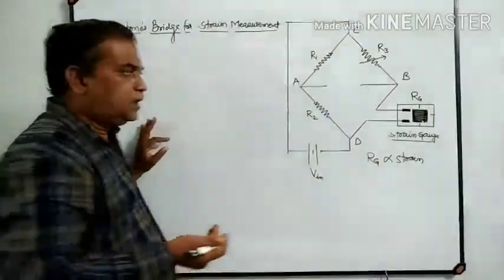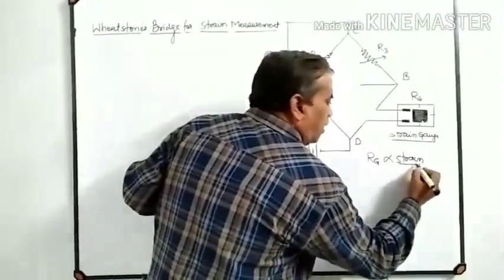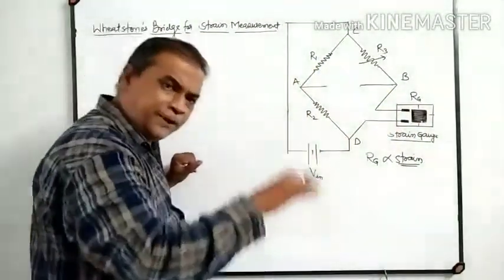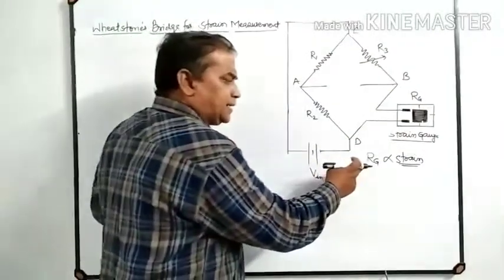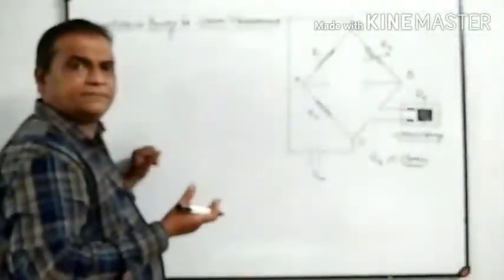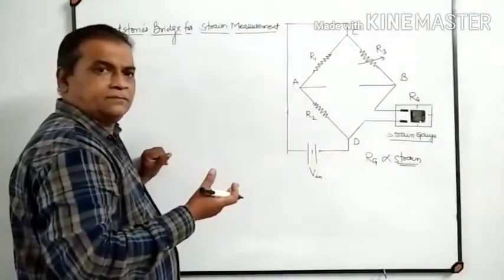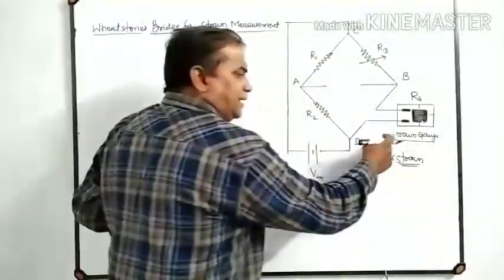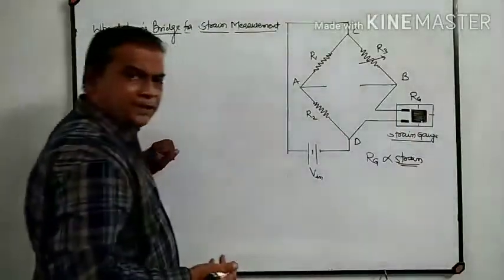It means if the strain acting on that strain gauge device is changing, there is a change in resistance. What is the maximum variation in the resistance of strain gauge due to variation in strain?